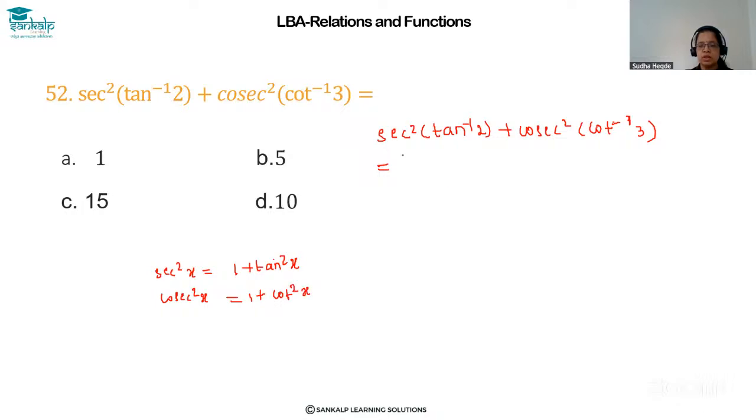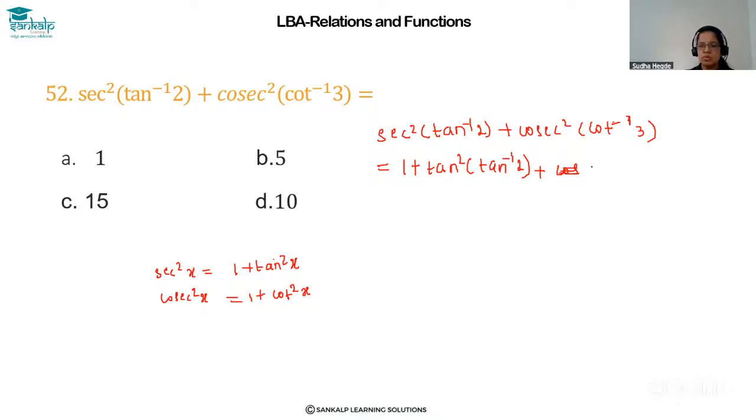Using this, you can write secant square of tan inverse 2 as 1 plus tan square of tan inverse 2, plus cosecant square x, so substitute this one also.